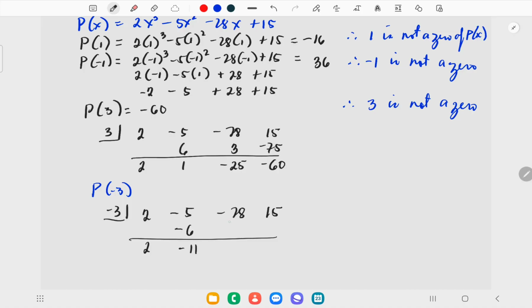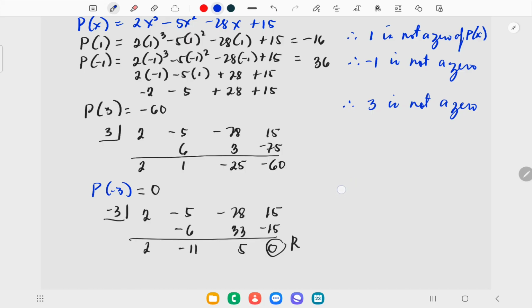Negative 11 times negative 3 is positive 33, plus negative 28 is 5, times negative 3 is negative 15. And yes, we have a remainder which is equivalent to 0. And again, by the remainder theorem, P of negative 3 is 0.